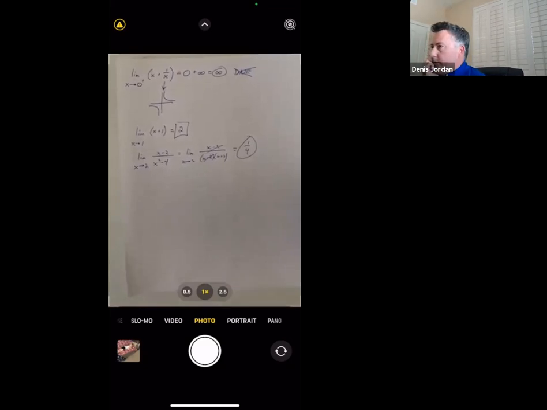So you might see questions where you have to come up with your own situation, or your own graph, or your own function where this definition might apply, or where this definition wouldn't hold. That type of thing.